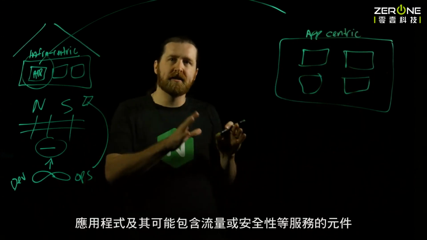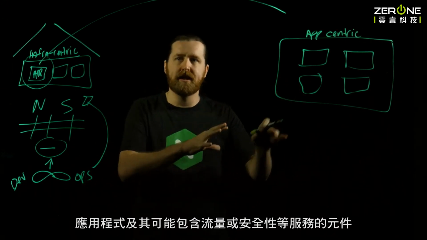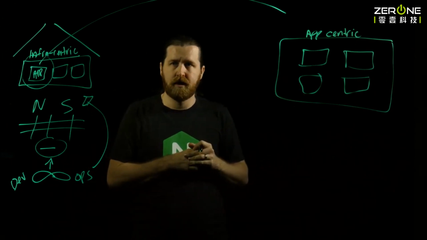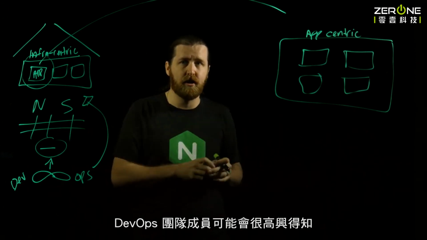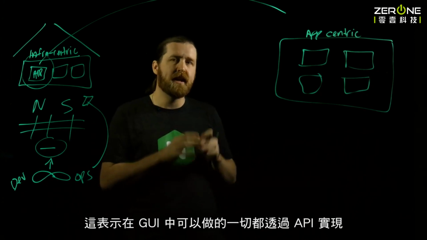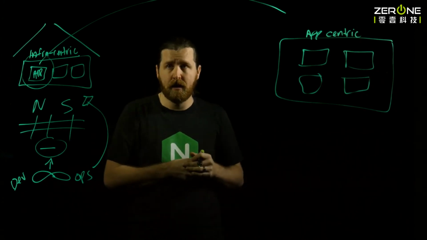The application and its components, which may include services like traffic or security, are the first-class objects in this type of approach. DevOps team members may be most excited to know that Nginx Controller is designed as an API-first approach, meaning that everything you could do in the GUI is first made possible through an API.